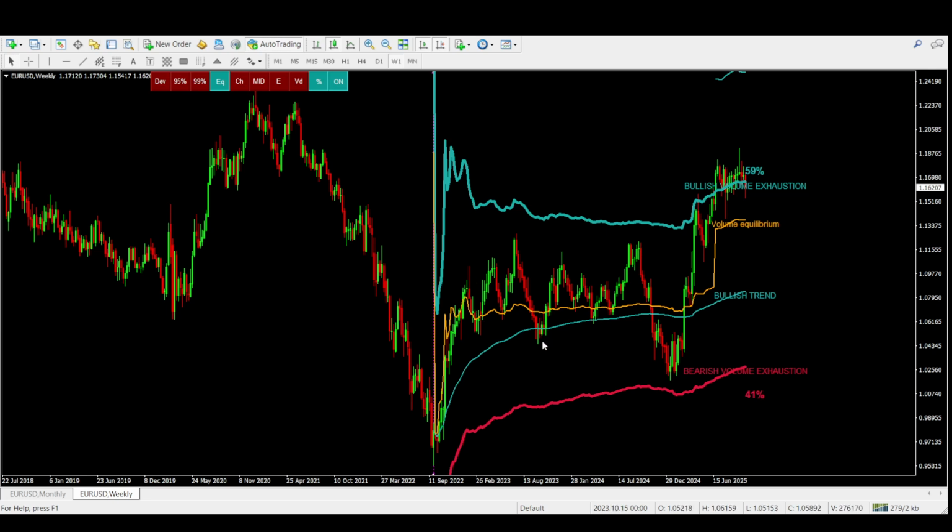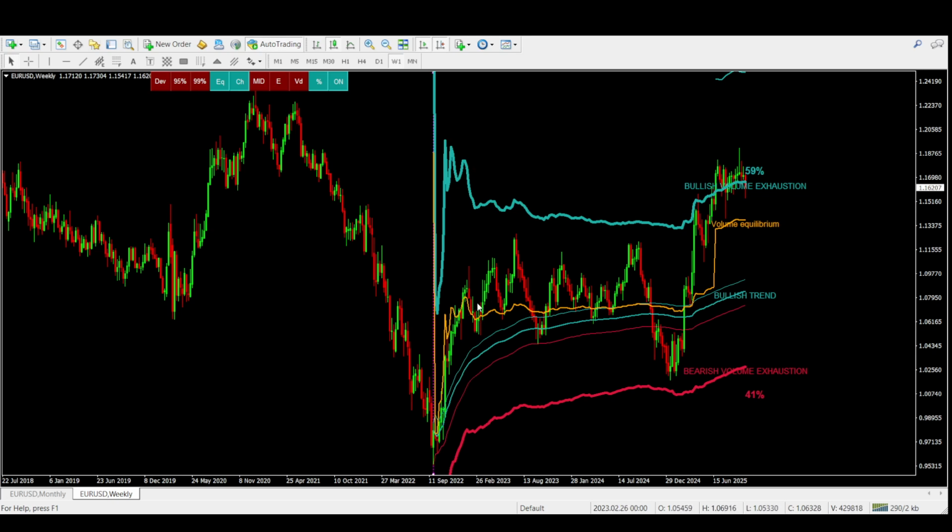Market corrected. Okay, you again can use the deviation line or the channel to estimate exactly where the correction could complete, but it is not that important because the market gave a clear signal what will happen. Look here, the volume on the market that appeared here is quite big, and the bullish volume exhaustion line shows it.